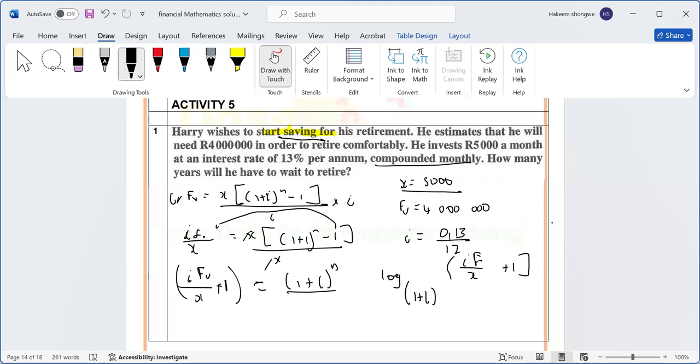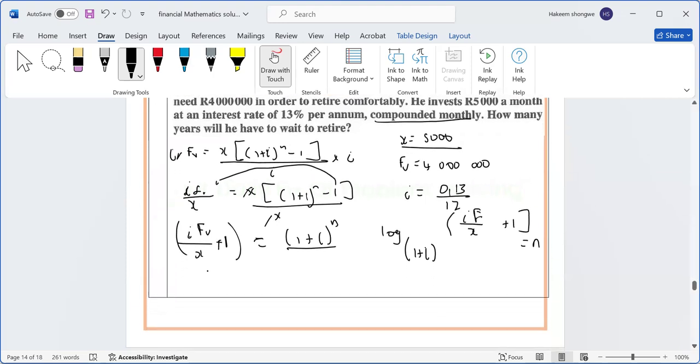Now it's a matter of substituting, and that equals n. Sub in: log with base 1 plus 0.13 divided by 12, of the bigger bracket: 0.13 divided by 12, multiplied by 4 million, all over 5,000, plus 1. This is going to be equal to n.